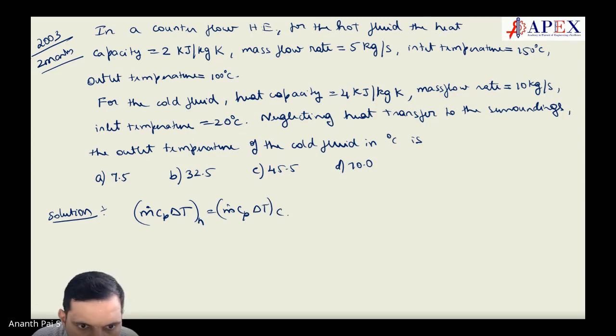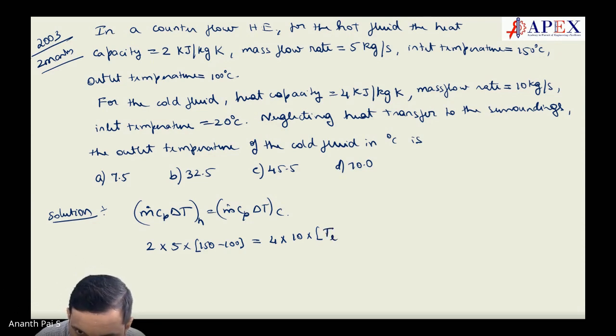This is m dot for the hot fluid is given as 2, Cp is given as 5, delta T is given as 150 minus 100. This is equal to m dot in the second case is 4, Cp is 10, delta T is T exit minus T in, which is 20.